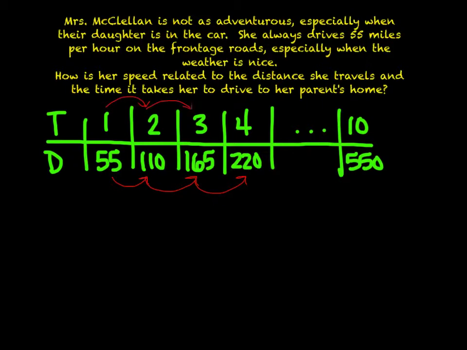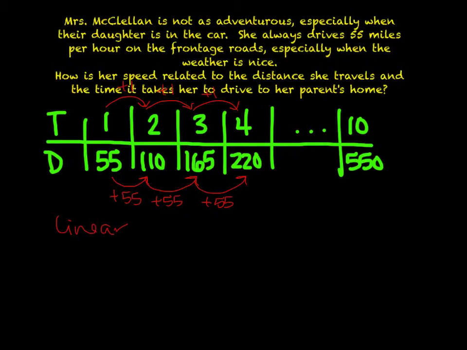So if we're looking at the pattern, if we look at the time, it is increasing by 1 hour each time, which is kind of cool. And if we look at their distance, it's increasing by 55 each time. So in this case, we're looking at a situation that is linear. It's not an inverse relationship because we can see that continuous pattern.